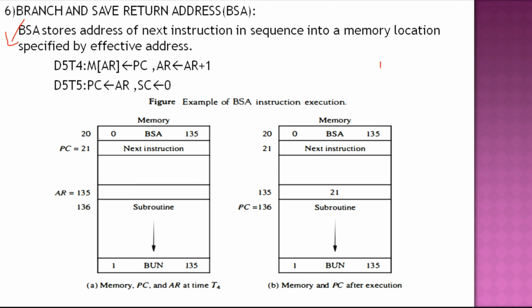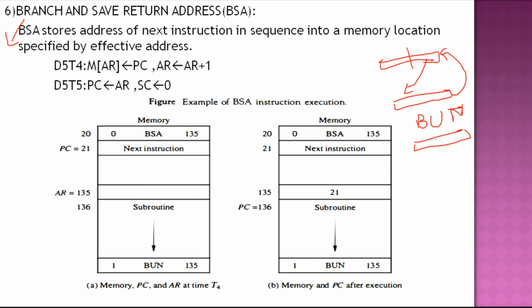So if we are performing a certain instruction, that instruction will be stopped and we go to the next instruction, and after completion of this instruction it will return back to the old instruction. While in BUN, when the instruction is halted and gone to the next instruction, it doesn't go back to the return address, but in BSA it will be returned.